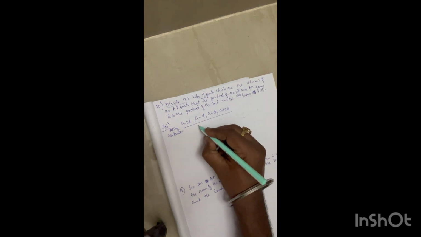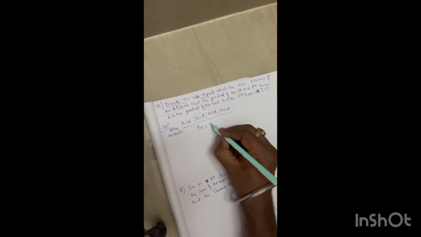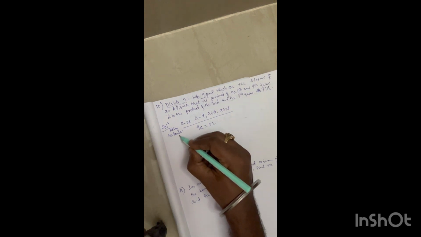Straight away all the d's will be eliminated, and you will get 4a equal to 32. Adding the terms, as 32 is divided into these parts, so adding all these terms you will definitely get 32. From there one of the values we get in the first step itself.